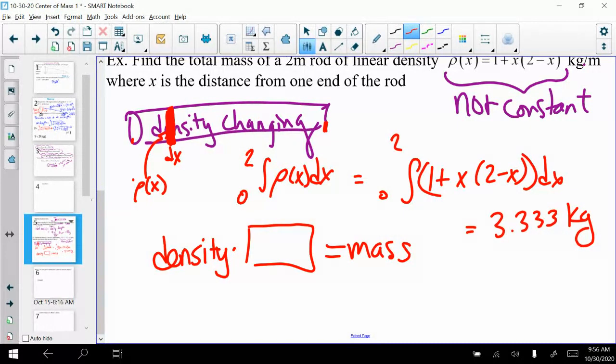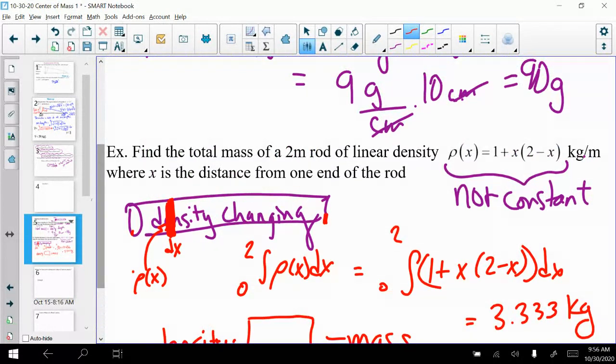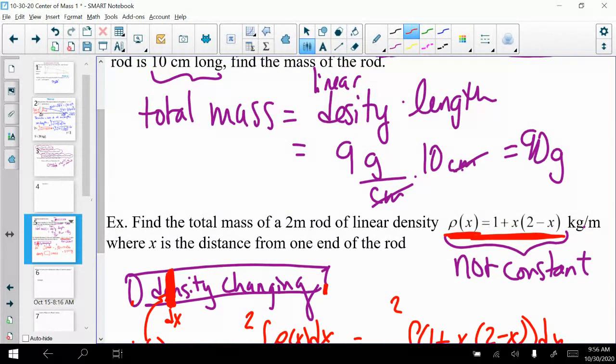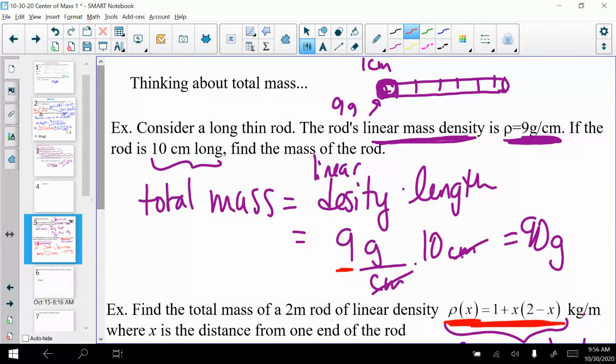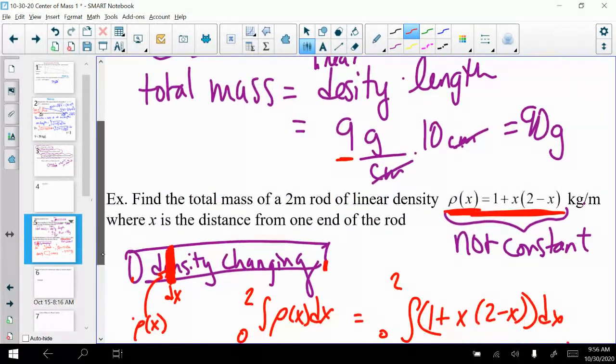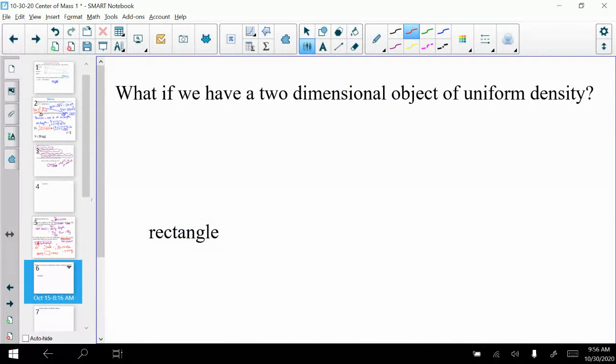Okay, so let's leave one dimension, but we are going to go back to a constant density. So we're going to leave this idea of our density changing. We are going to go back to a constant density, but we are going to move away from this linear situation into a two-dimensional situation.